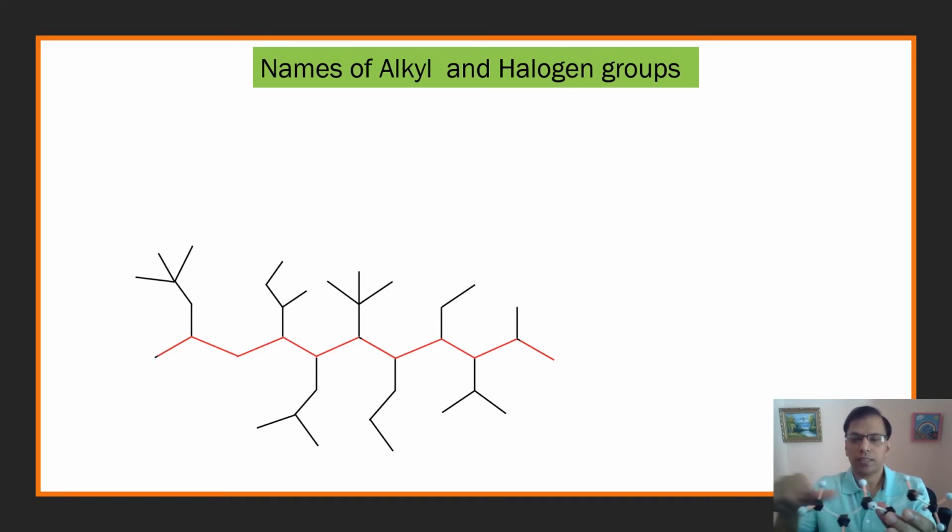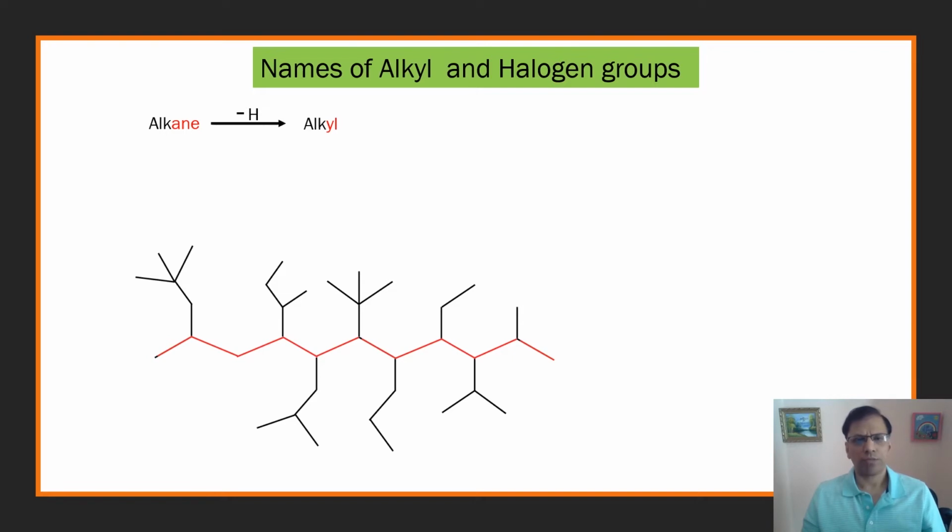The 6 carbon atoms are the parent chain, and we can put a substituent on it. This is the substituent that's attached to the parent chain. This is the methyl substituent.